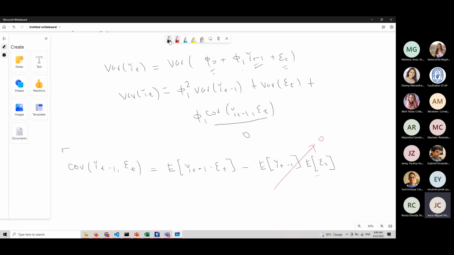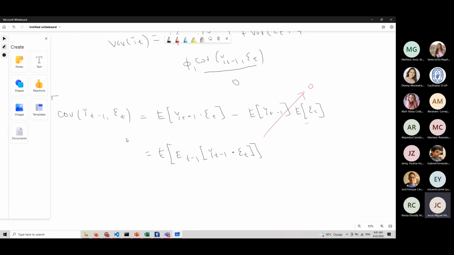We still have this first term. What property can we use? We can use the law of iterated expectations, because the unconditional expectation is the same as the expectation of the conditional expectation given information up to time t minus 1.